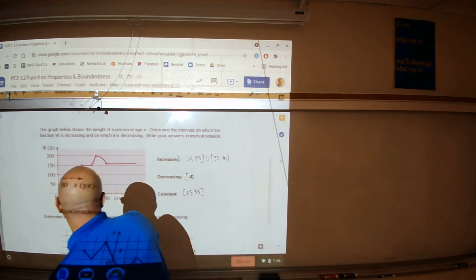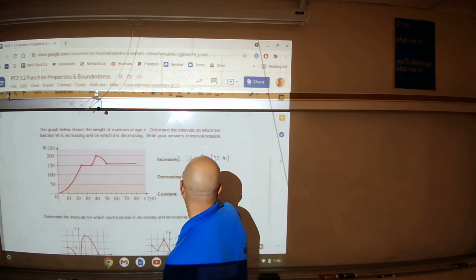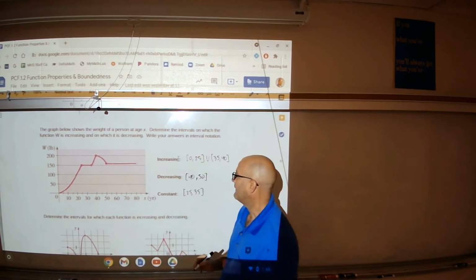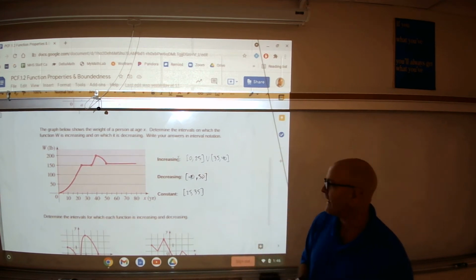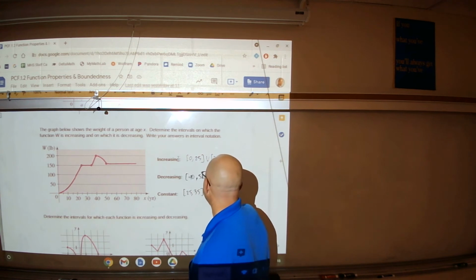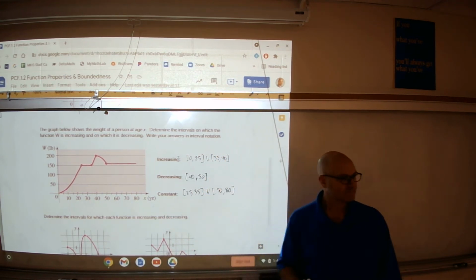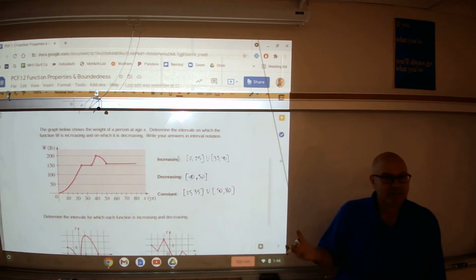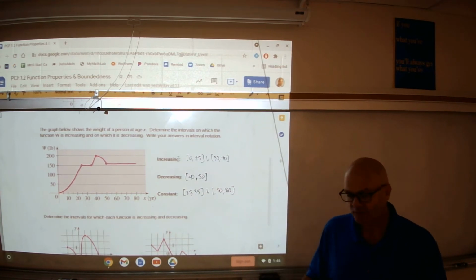Or no? 40 to 50. And then at age 50, it looks like things calm down, and we have a constant weight, so union from 50 to 80. Did we all get that? Increasing, decreasing.